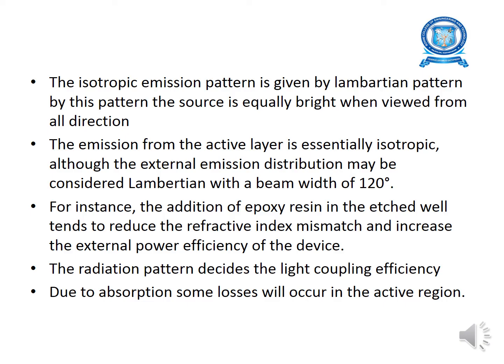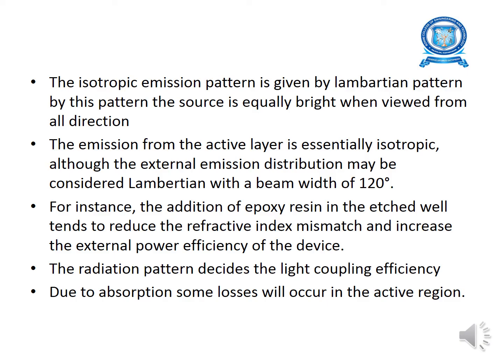So the structure of high radiance is an etched well. The double heterostructure emits at 0.8 to 0.9 micrometer. The internal absorption of these devices is very low due to the large band gap of the confining layer, and the reflection coefficient at the back crystal face is high, giving good forward radiance. The well is etched in the gallium arsenide substrate to avoid heavy absorption of the emitted radiation.